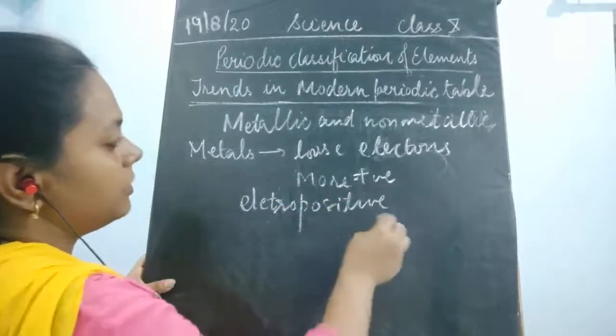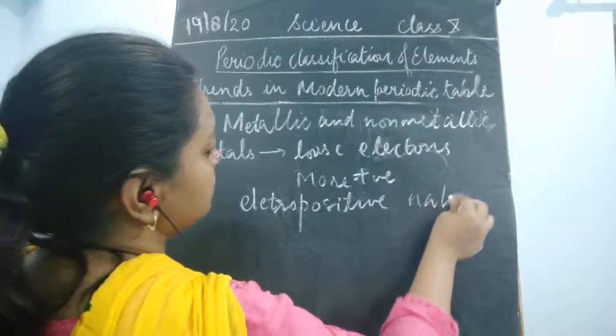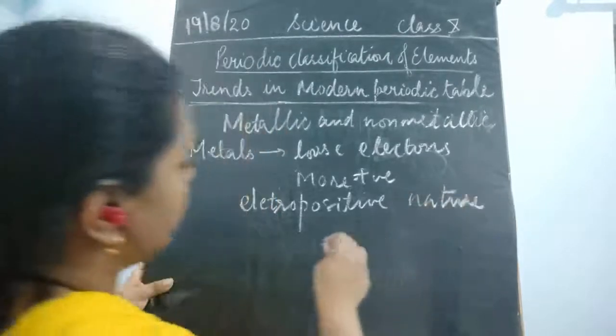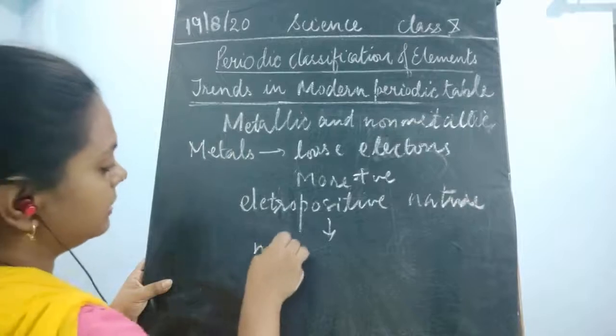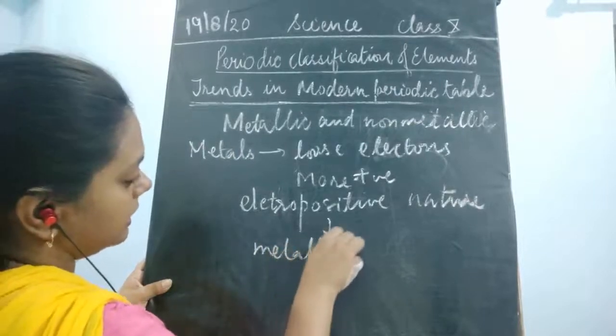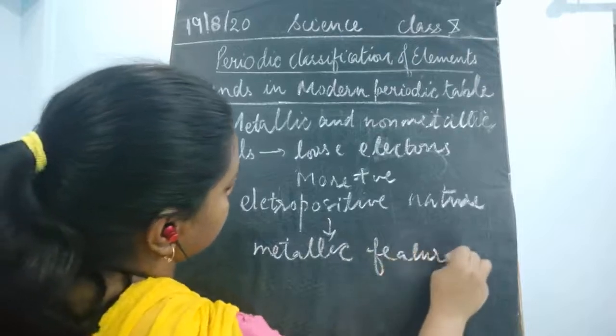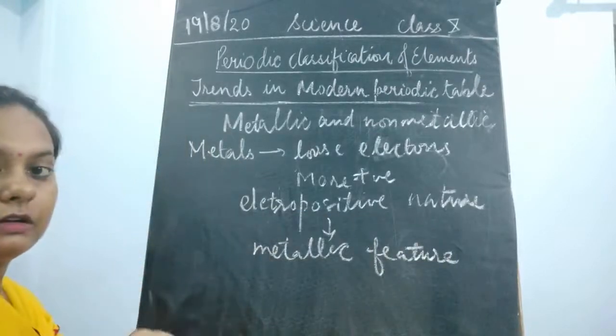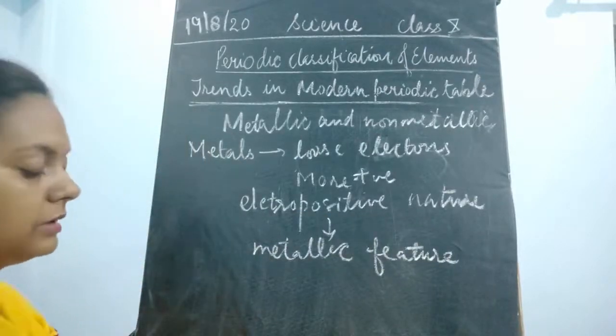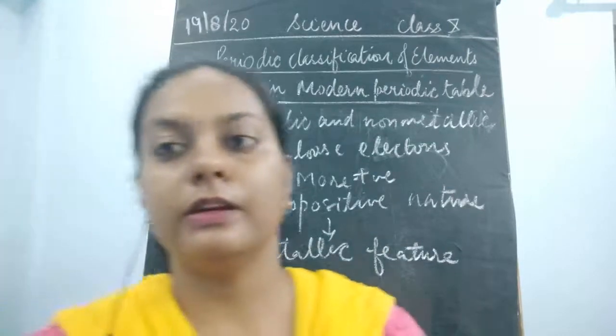This electropositive nature is said to be the metallic character. So this is known as the metallic feature. Fine, so this is about the metallic characteristic of the compound.